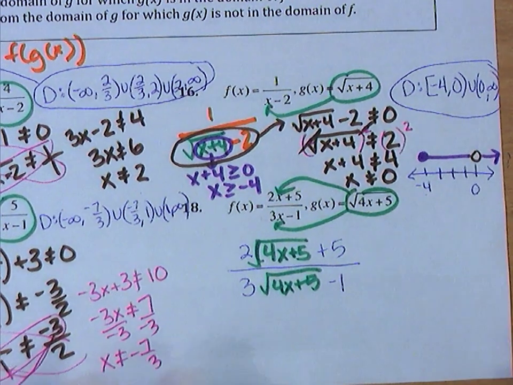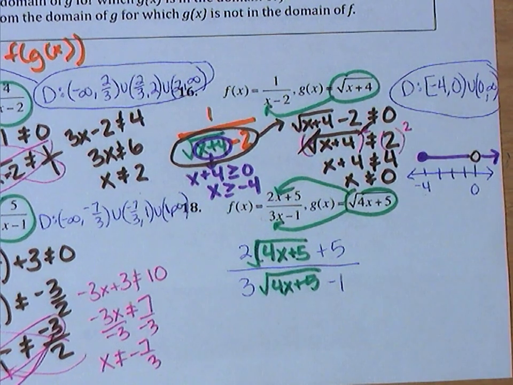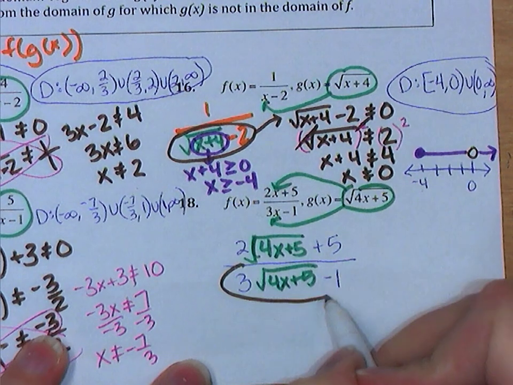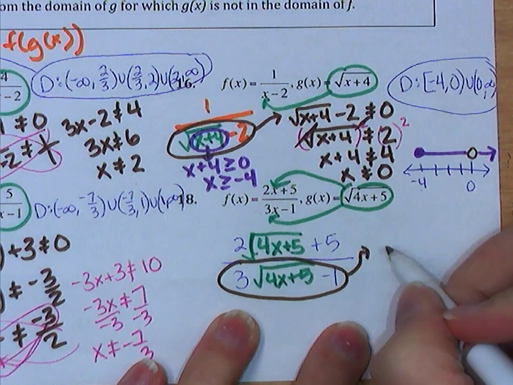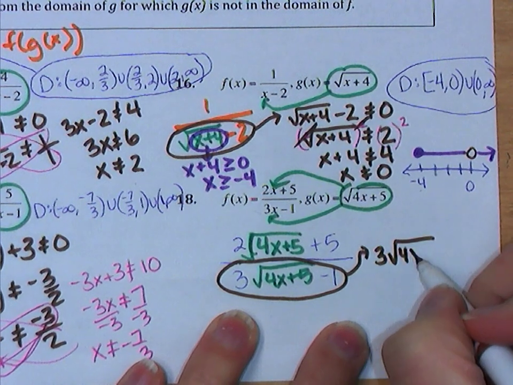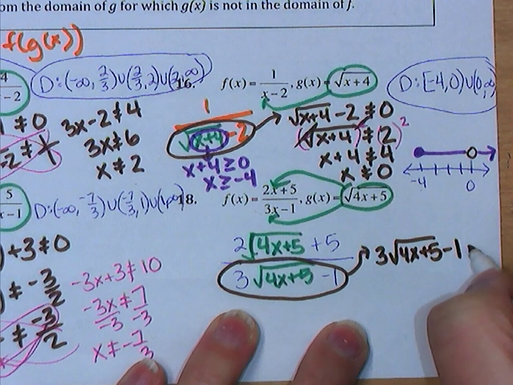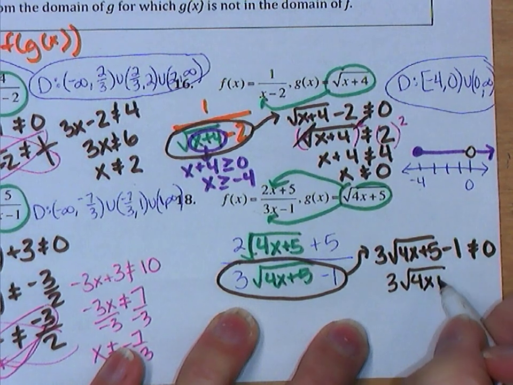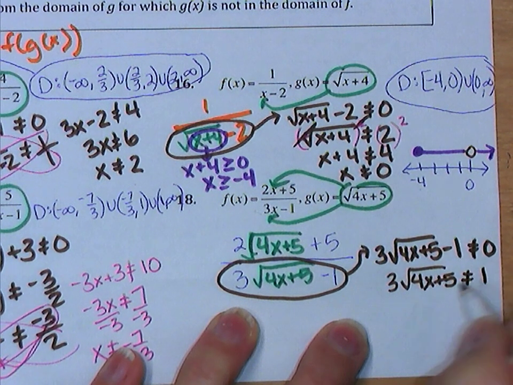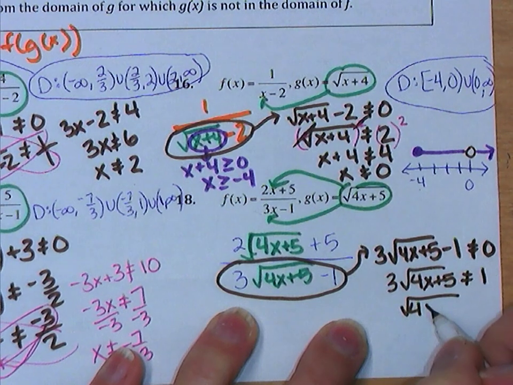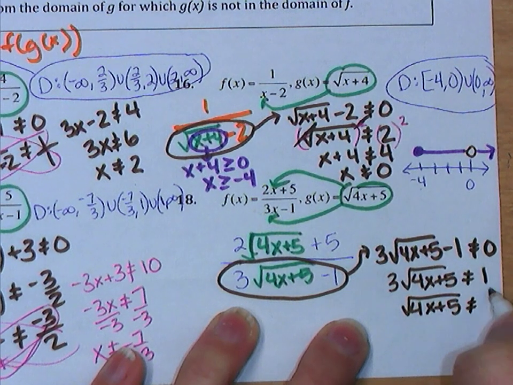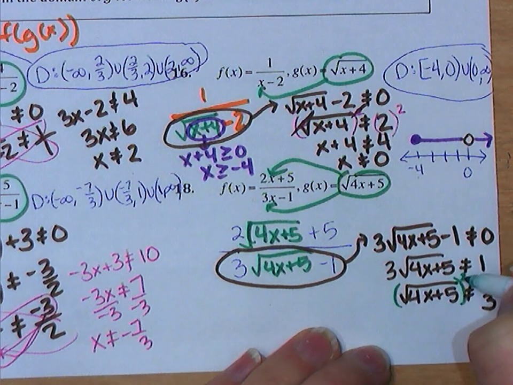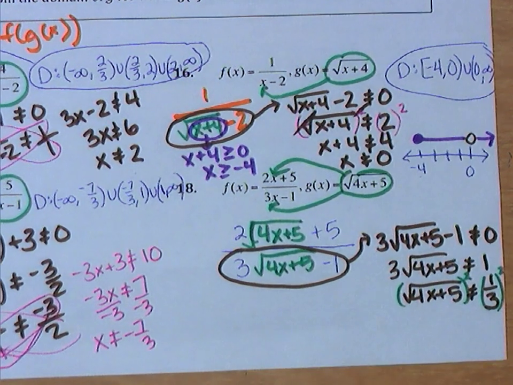So now you have an even root and a denominator. So take that denominator. Cannot equal 0. Add 1. Divide by 3. Square both sides to get rid of that square root. If it's a fourth root, remember you'll take both sides to the fourth power.